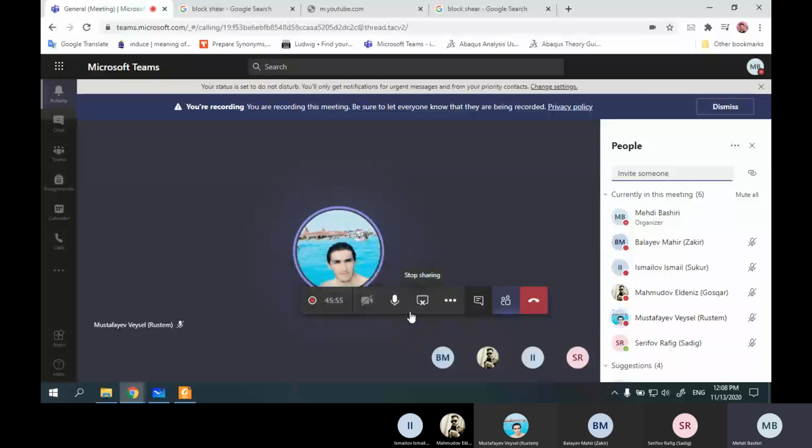But from the ends we have this failure. So this one is tension, but this one is shear. So this part is shear failure, and this part is tensile failure.